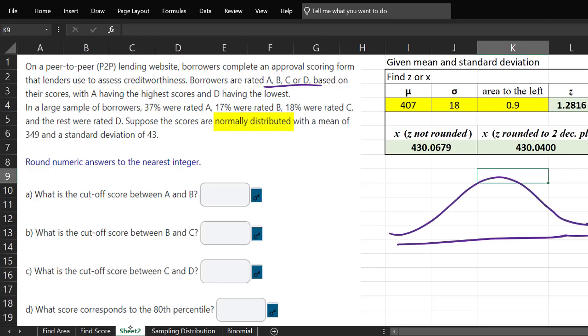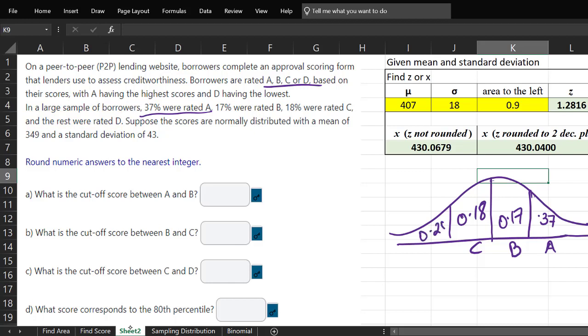We're told that 37% of them were rated A, so that will be 0.37. Those rated B, we have 17%, 18% rated C, and the rest, that is, if we subtract these numbers from 1, that will be 28%.